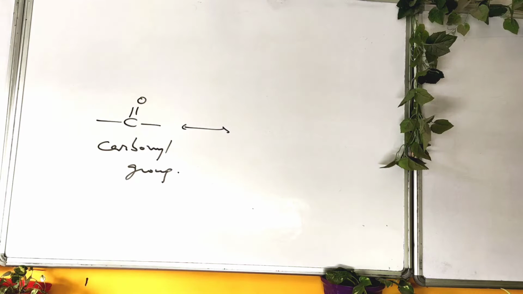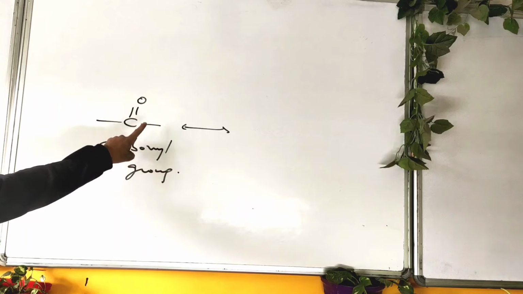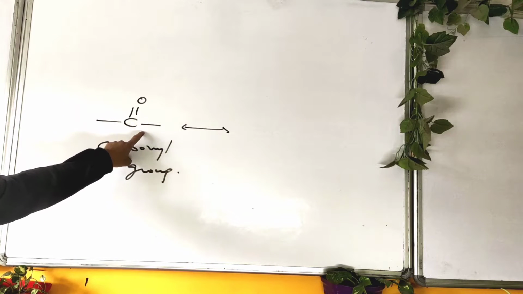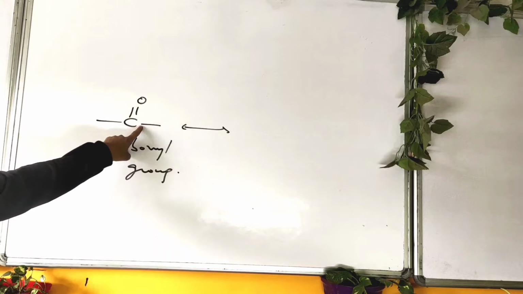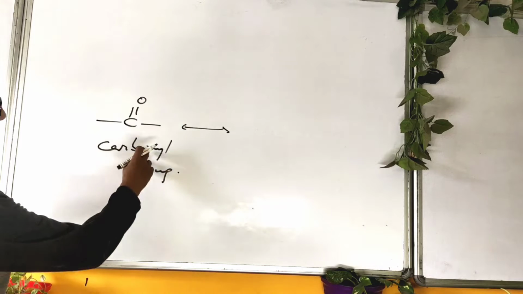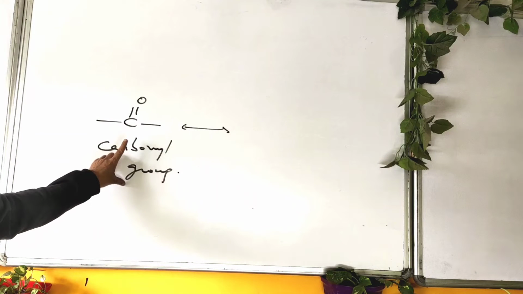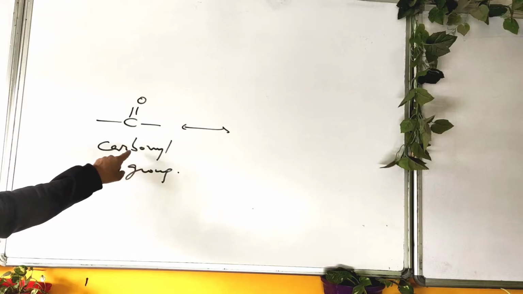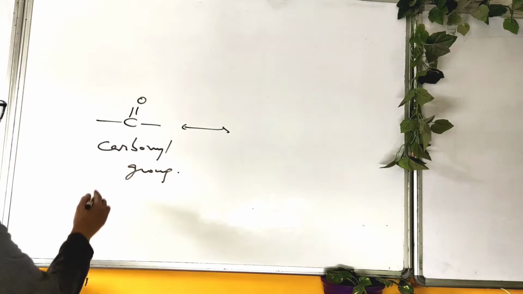This is called the carbonyl group. Both aldehyde and ketone contain the carbonyl group. That's why aldehydes and ketones together are called carbonyl compounds.